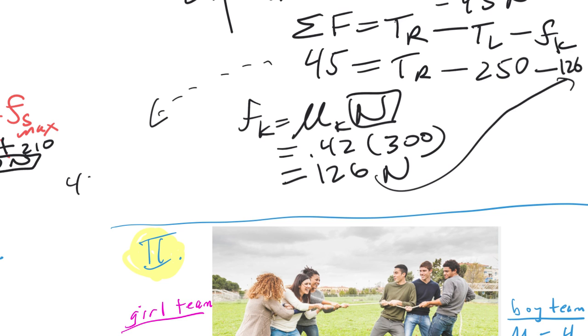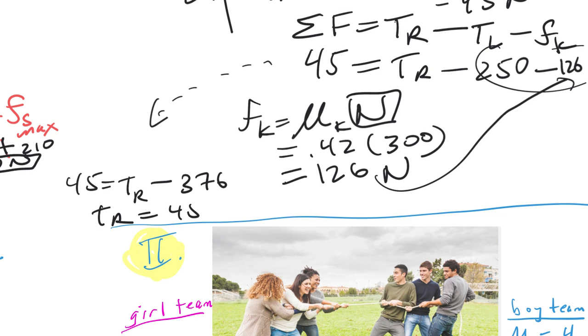So 45 equals TR minus, what's 250 plus 126? 376. So TR in this case is going to equal 45 plus 376. I'm getting 421 newtons.